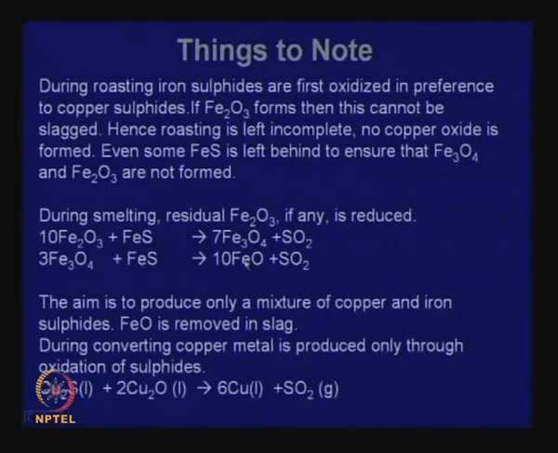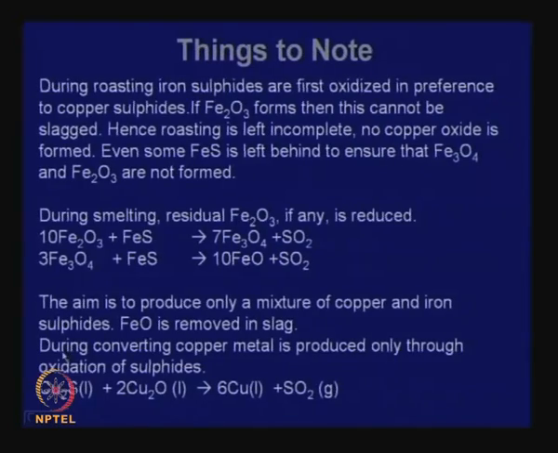So, we want that FeS to play this role also. We must have some FeS so that subsequently, if there are higher oxides, they will be reduced to the FeO stage for slagging. This smelting stage is coming after now. So, our aim is to produce only a mixture of copper and iron sulphides. FeO is removed in slag. Then we will go for what is known as converting.